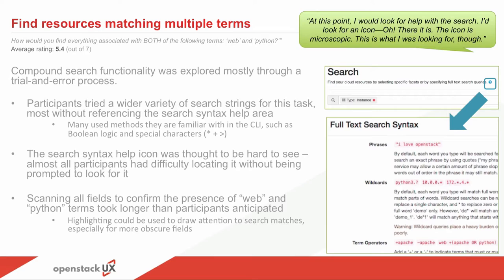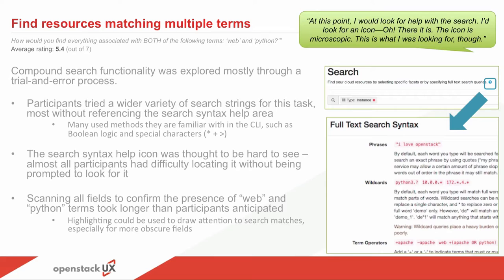As I mentioned before, there was a lot of trial and error through these tasks. This was another task where people tried several different searches to see what would show up. After a couple of trials, a few people mentioned that they wanted to see syntax search and get an example of how they might format their search to best get results.